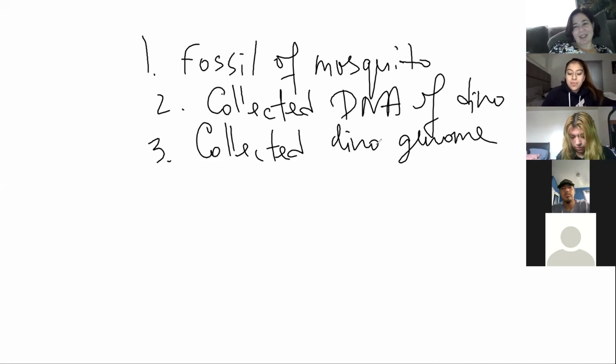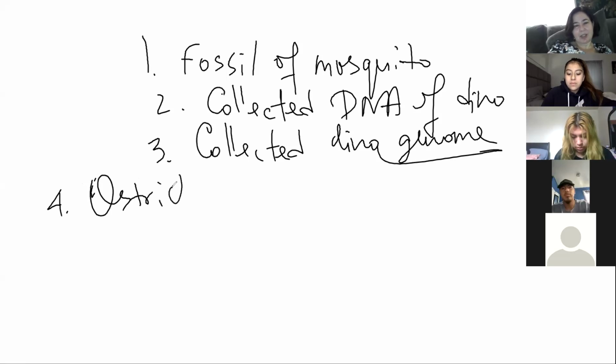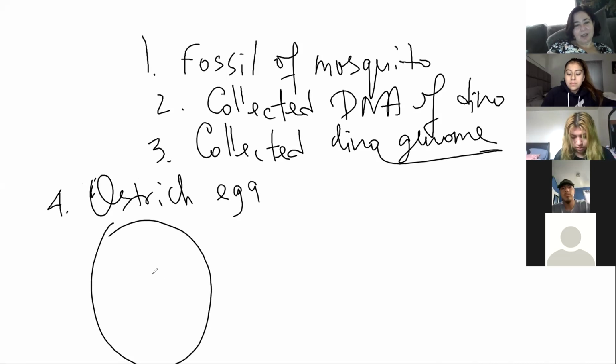Okay, so they got the dino genome. Then they took an emu or ostrich egg, right? In the ostrich egg, remember, there is a nucleus.